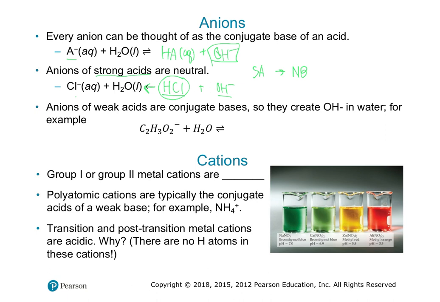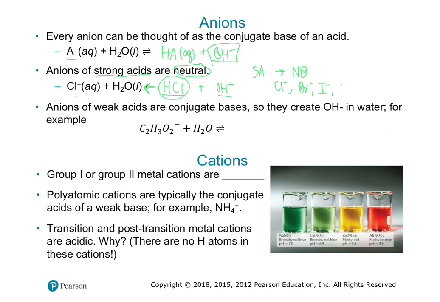So if I have an anion that came from a strong acid, they are always going to form a neutral solution. So as a reminder, the strong acids are HCl, so chloride would be a neutral base. HBr, so bromide would be. HI, so iodide would be.